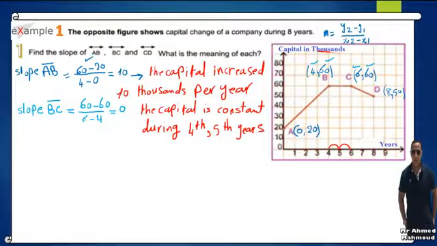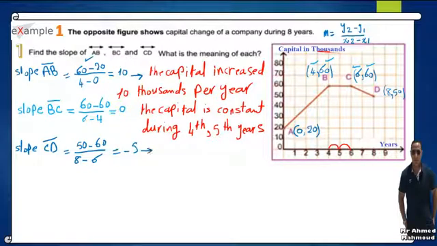Okay, the third one, CD, equals 50 minus 60 over 8 minus 6. It equals negative 10 over 2, which is negative 5.